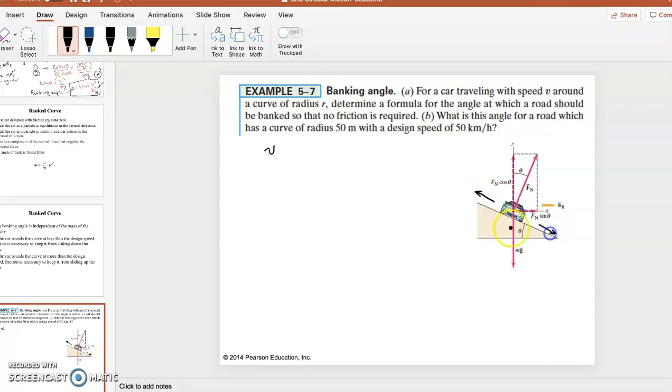This is the face of the car. You see, this is the face of the car. So it's not moving in here or there. Okay? So the motion of the car is towards the center, because the car is moving and it will go in a circular path. And this is at one point of that circular path.